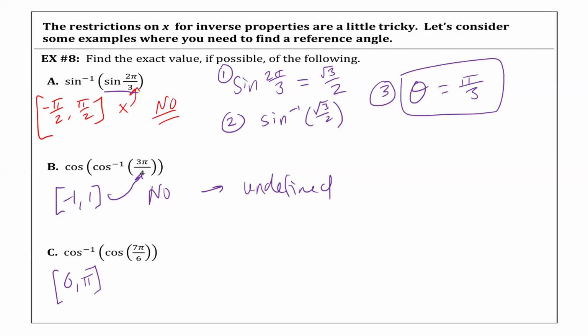On this one, this value does not fall in my interval, agreed? So we have to go through the same steps that we did on example A. We're going to evaluate first. So cosine of 7 pi over 6 equals what?